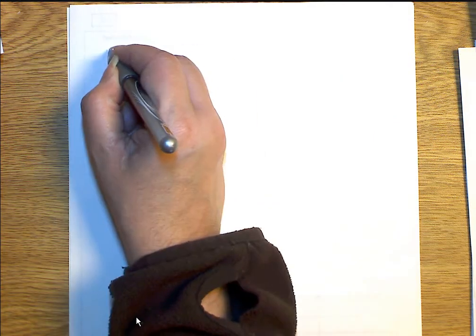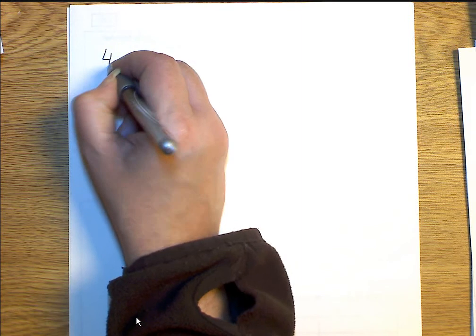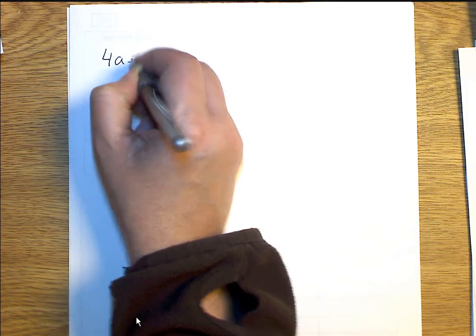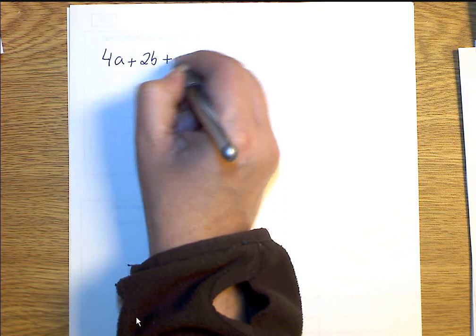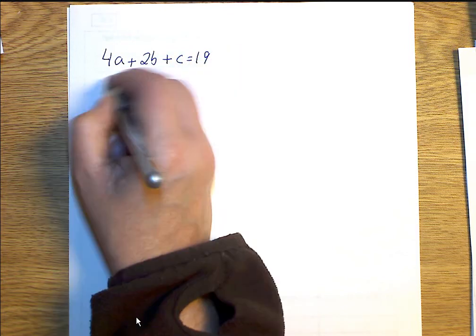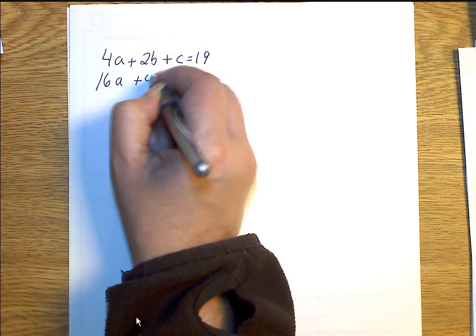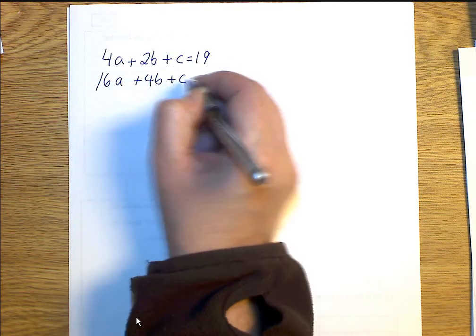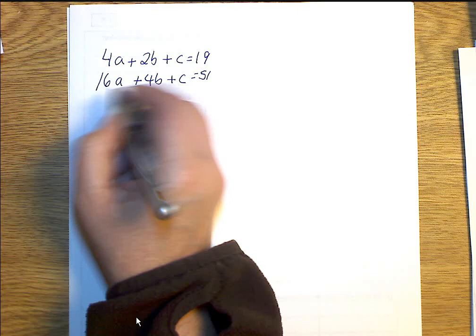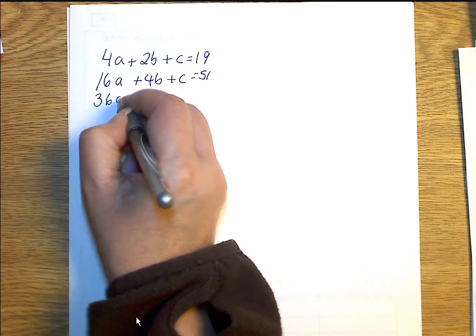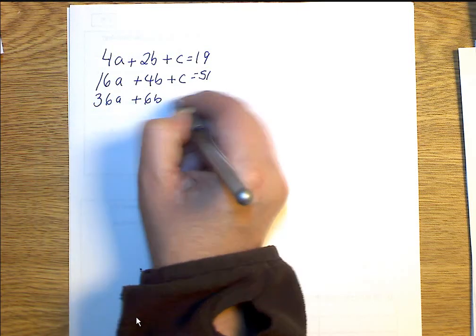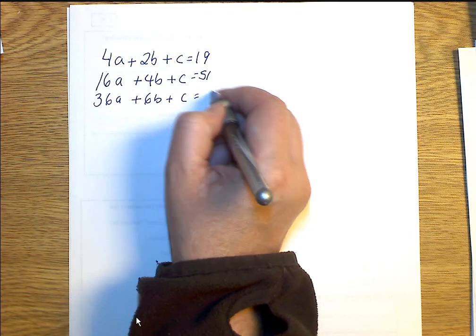Alright. So if you do not have a graphing calculator, this is how you have to do it. The system is 4a plus 2b plus c is equal to 19, 16a plus 4b plus c was 51, and 36a plus 6b plus c is equal to 99.